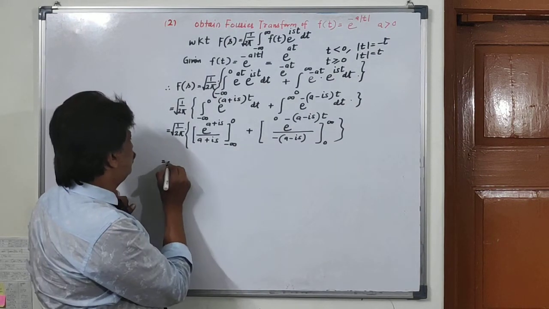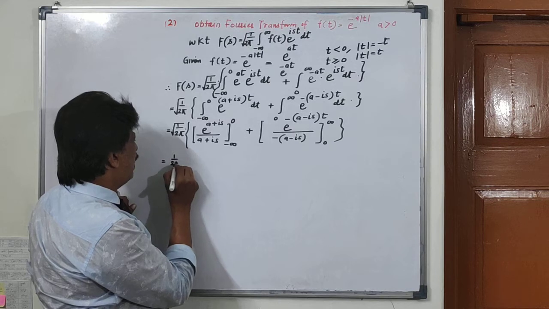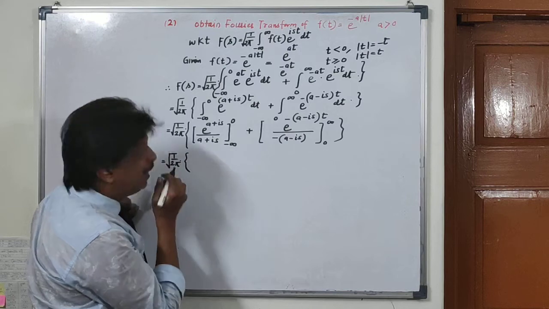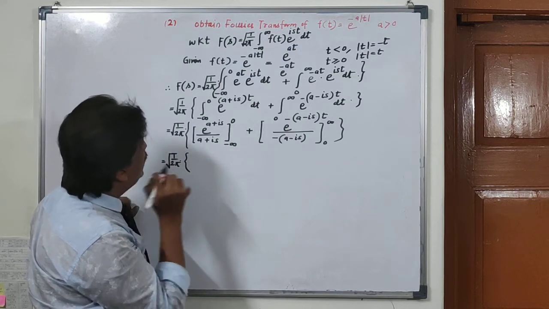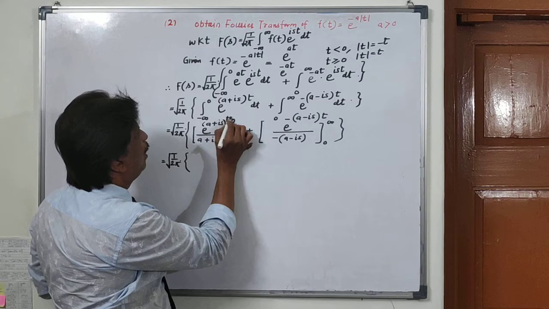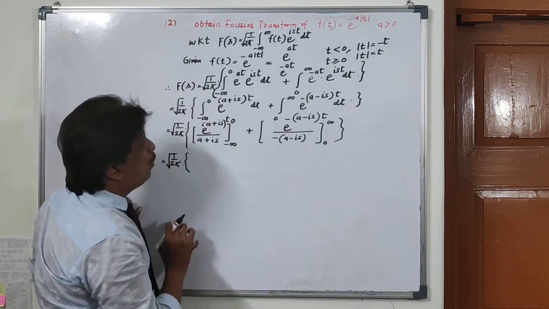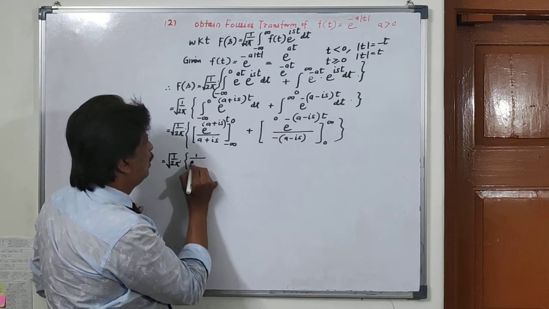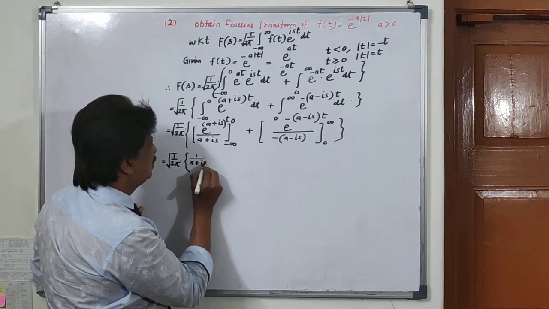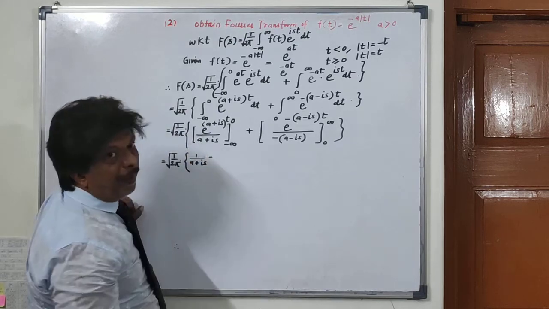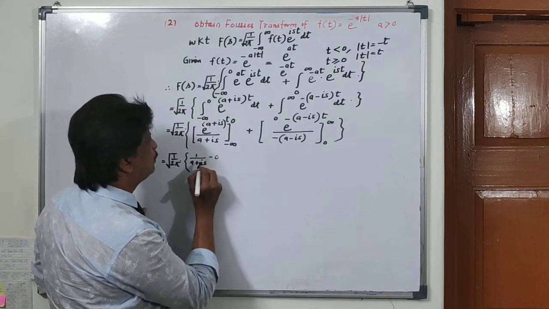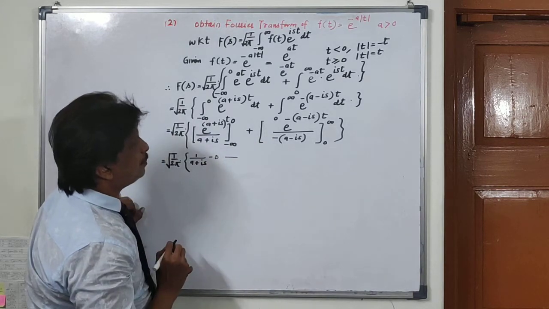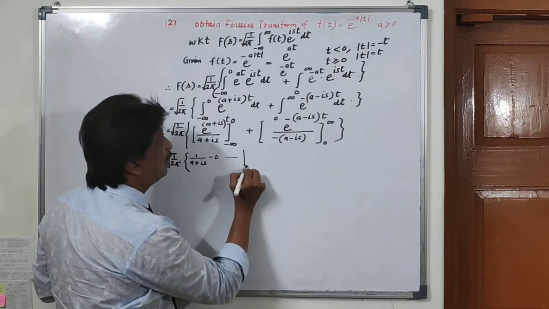So that is further equal to root of 1 upon 2 pi. Now I shall employ the limits of the first integral. Here it should be t. When t is 0, e to the power 0 is 1, so 1 upon a plus is, minus e to the power minus infinity, which is 0, minus the value of the second integral.